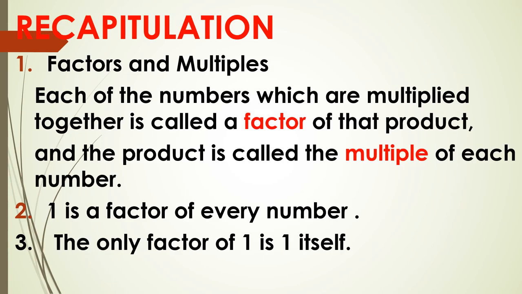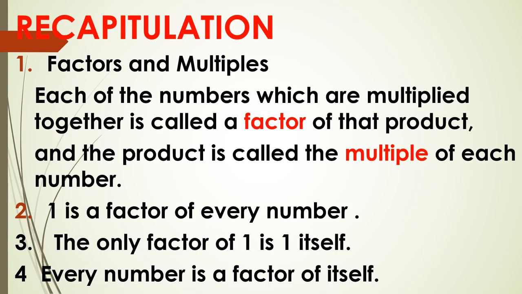Fourth point is, every number is a factor of itself. Every number comes in its table also. As 7 comes in the table of 7 also, 8 comes in the table of 8, 9 comes in the table of 9, and so on. So every number is a factor of itself.